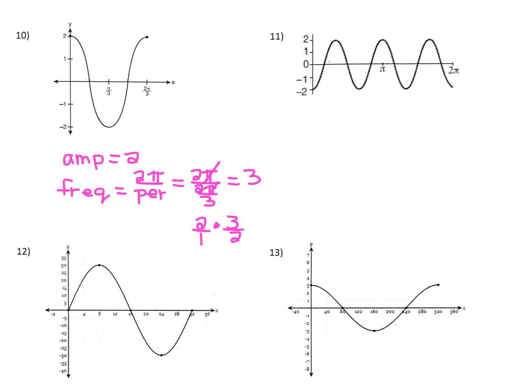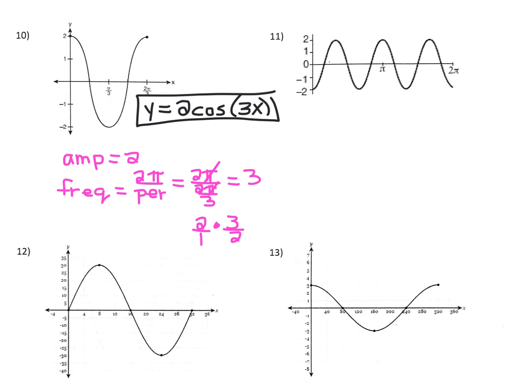Okay, so now we can just substitute our information into our equation. So it's going to be y equals, this is a positive cosine curve, so positive 2 cosine, and since the frequency is 3, it's going to be 3x, just like that. So that one was a little tricky, but we're going to see others like that as we go, where if you use this formula, it's not going to be so bad.